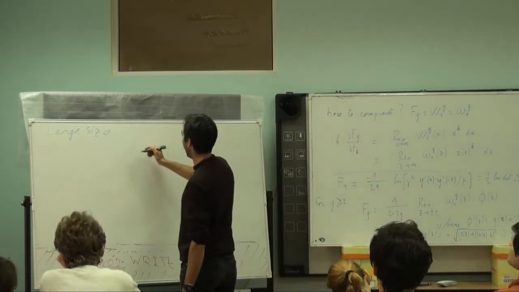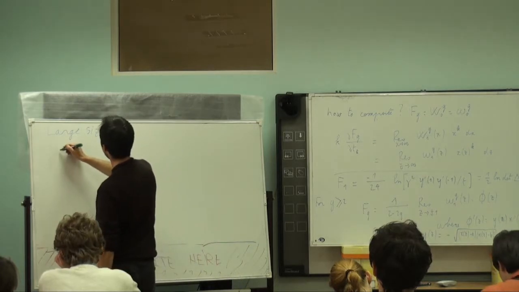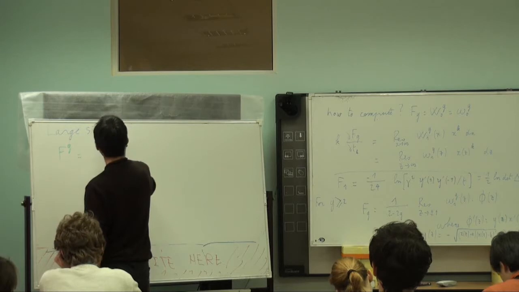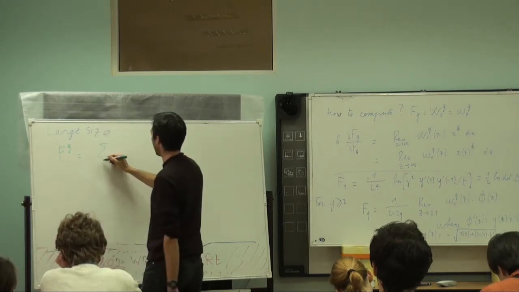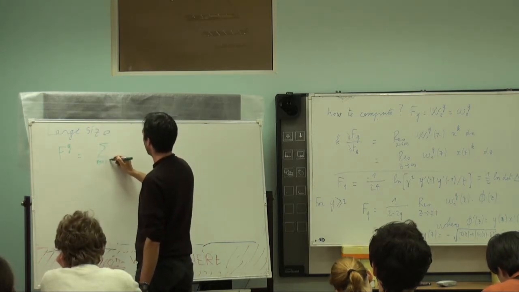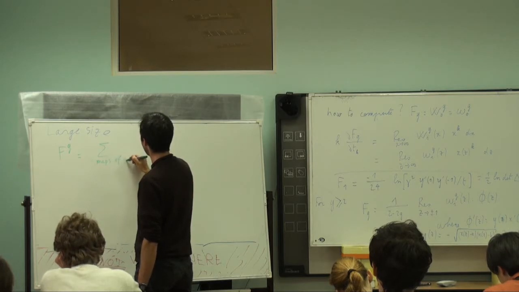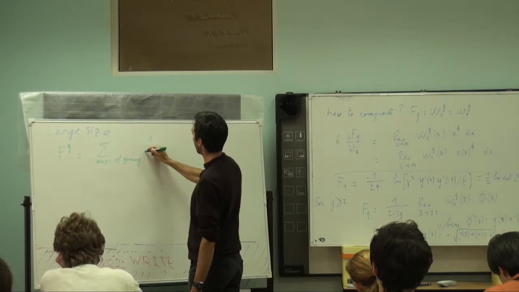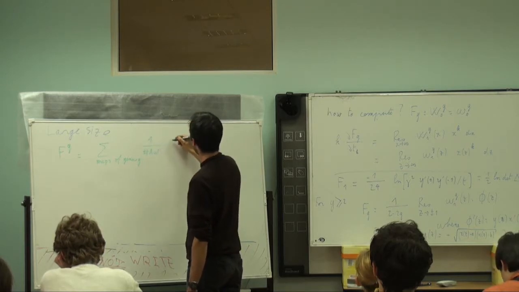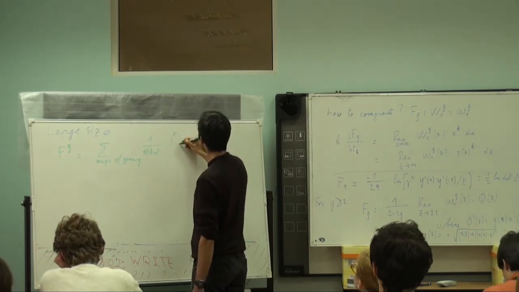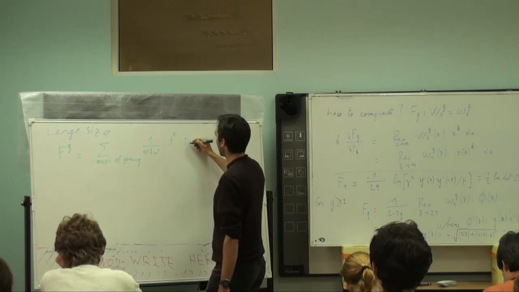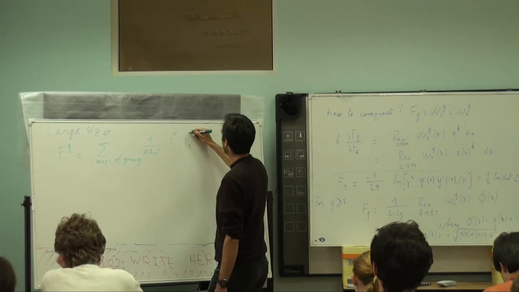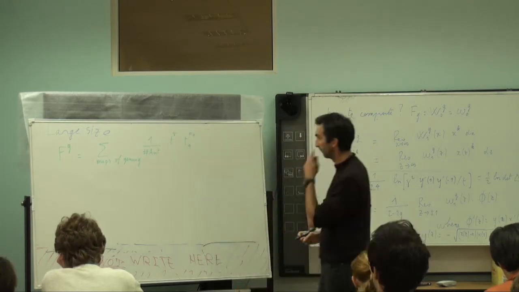Remember that fg was the sum over all maps of genus g. Here I put no marked face, so I have to divide by the number of automorphisms. And let's say t to the number of vertices, and for quadrangulations, t4 to the number of quadrangles.